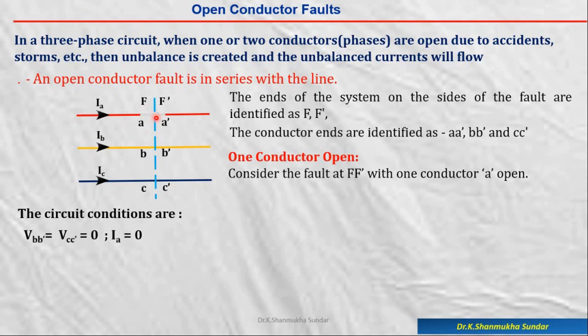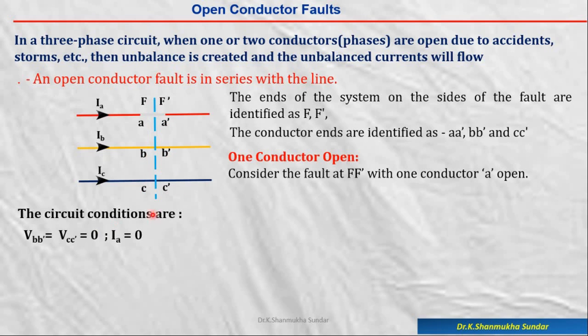But what about IA? It is an open circuit, isn't it? Therefore, IA will be 0. Then VBB dash and VCC dash are equal to 0, since there is a line. The voltage between B and B dash, and C and C dash, will be 0. However, between A and A dash, the voltage will exist with some magnitude.